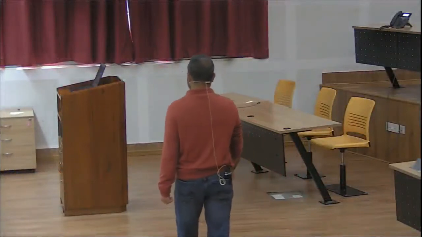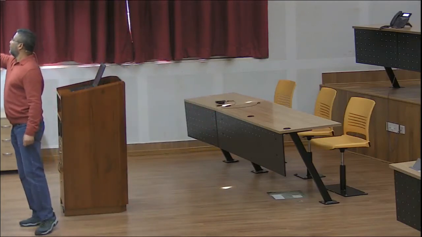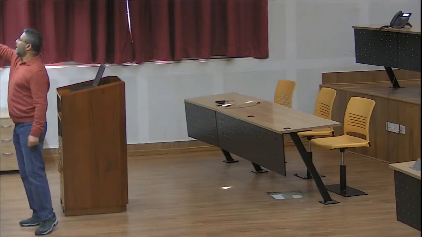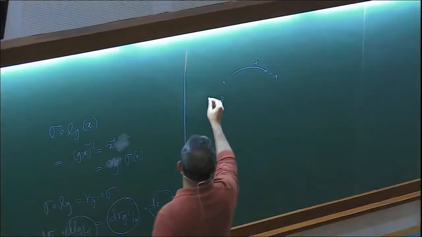Because if I know symmetry at P, and I want to produce a symmetry at Q, I just take an isometry which takes the point P to the point Q, and conjugate that symmetry at P by this.